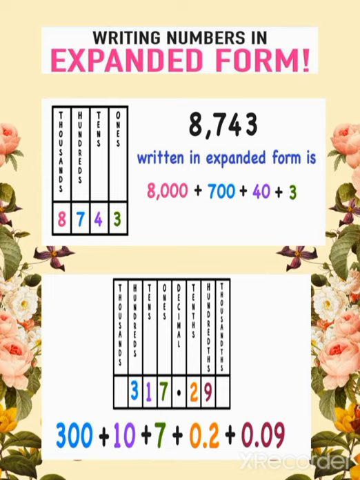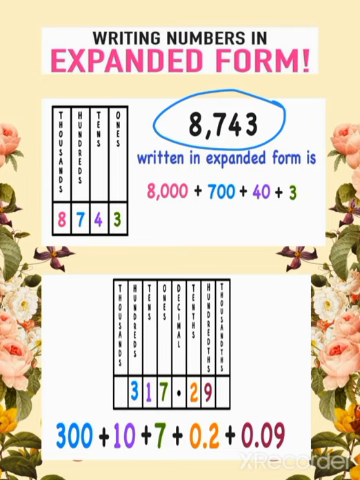The next point that we have to discuss in decimal is expanded form. If we have to write any number in expanded form, we can do it easily. For example, if our number is 8743, we already know the expanded form for this number.